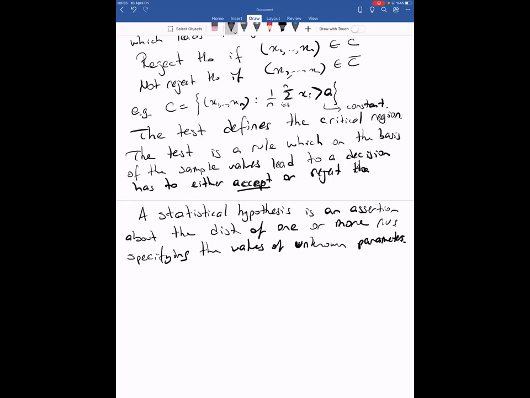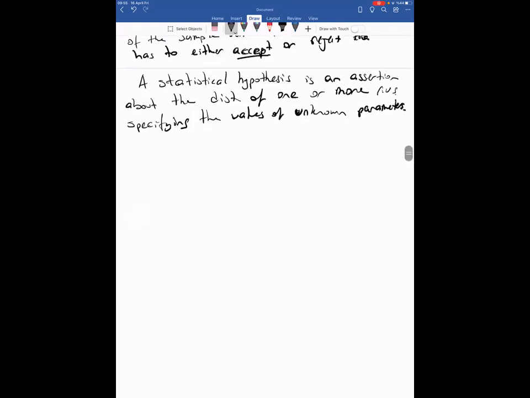Basically we want to have some idea about where the parameters are, so with these hypotheses we try to find the values of these parameters. We have two different types of hypothesis.